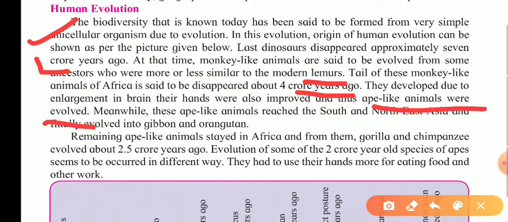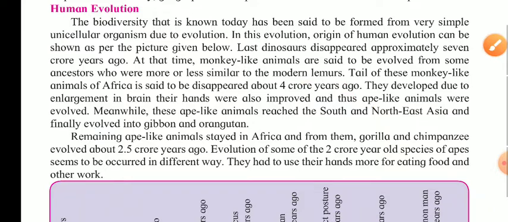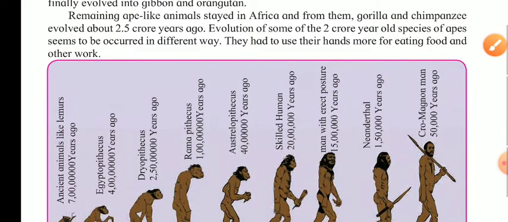Meanwhile, this ape-like animal reached the south and northeast of Asia and finally evolved into the gibbon and orangutan. Further, the remaining ape-like animals stayed in Africa, and from them the gorilla and chimpanzee evolved.